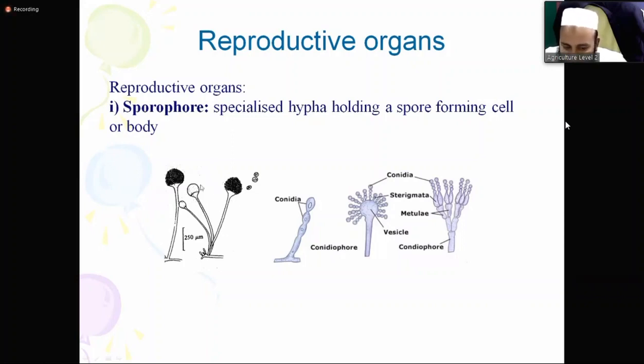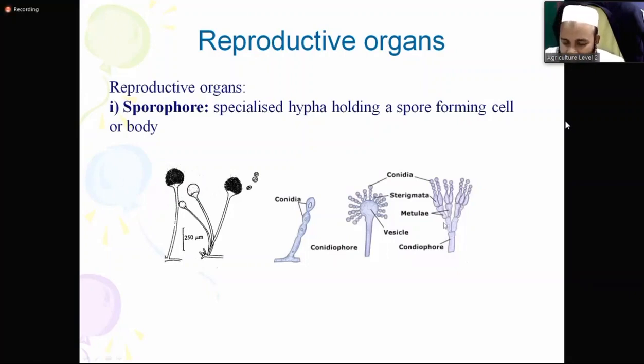The structure which bears spores. These black things here are spores, and the structure inside which spores are formed, only this structure is called the sporangium. Sometimes we call it a zoosporangium, so this sporangium contains zoospores.